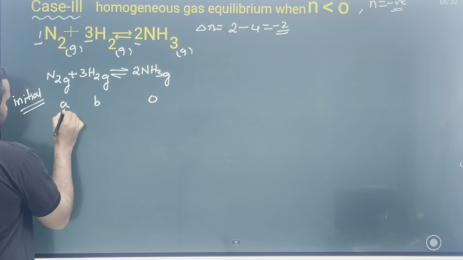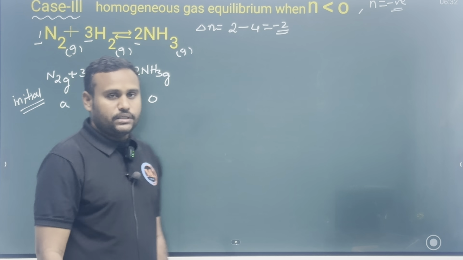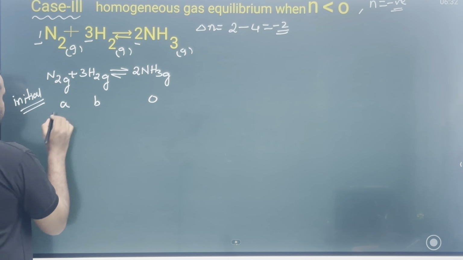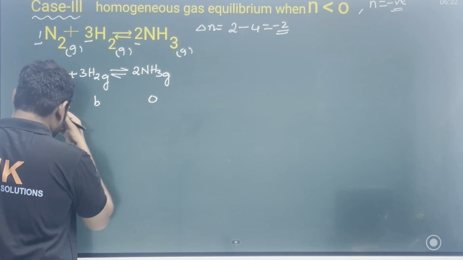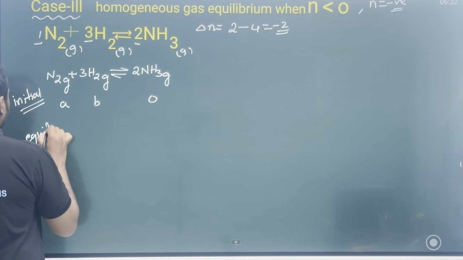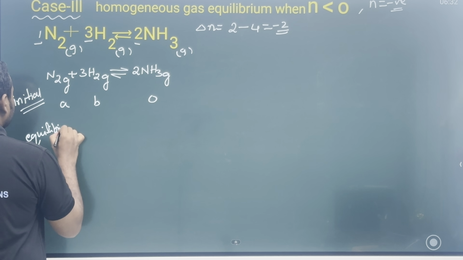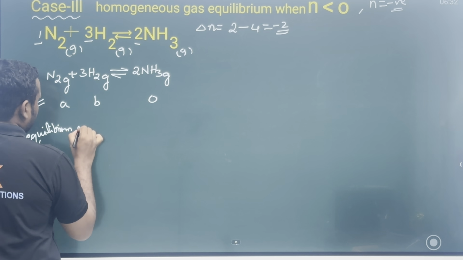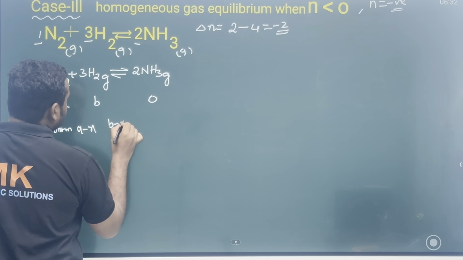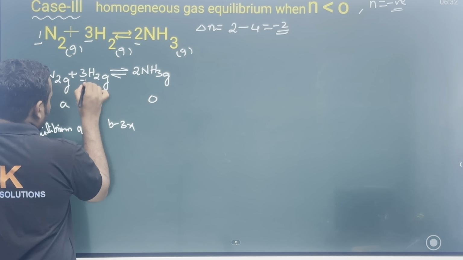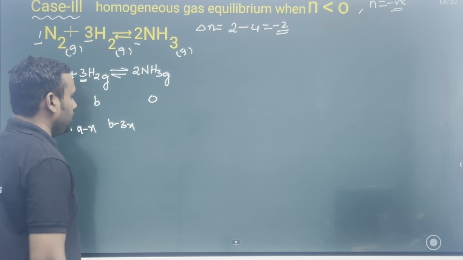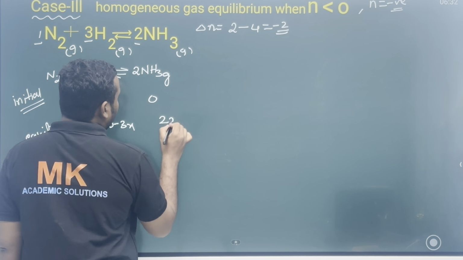At equilibrium, this is the number of moles, not concentration. At equilibrium, this is A minus x and this is B minus 3x. See here children, the coefficient is 3, so that's why we need to multiply by 3. B minus 3x and it is 2x.